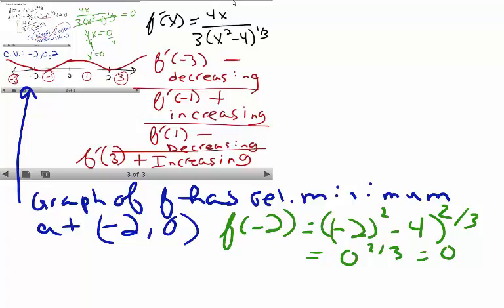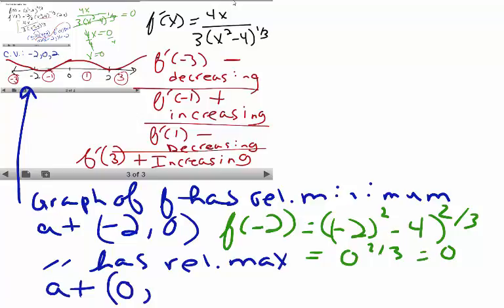Similarly, we would find that the graph of f has a relative maximum at 0 and the cube root of 16. And we would find this by plugging 0 into our original function f to yield our output, cube root of 16.